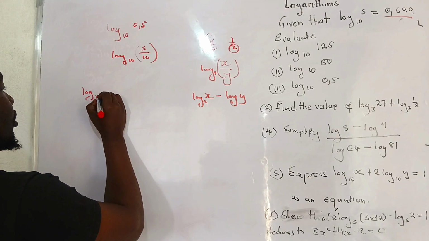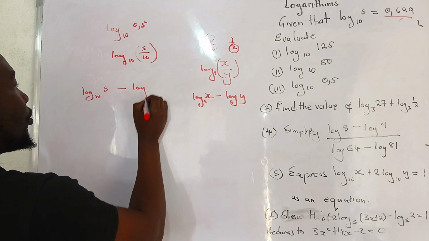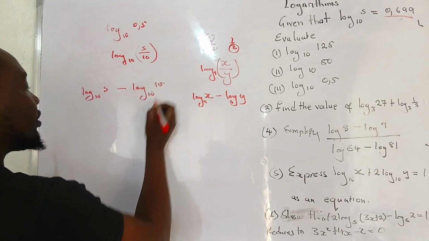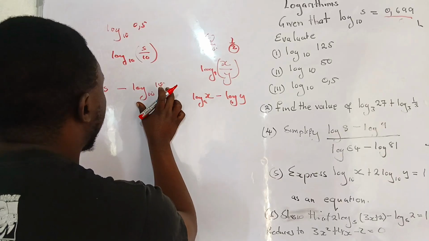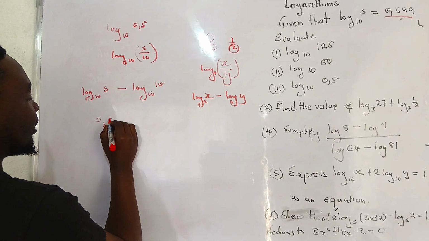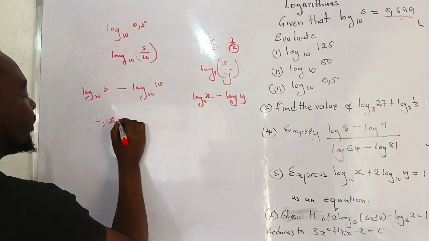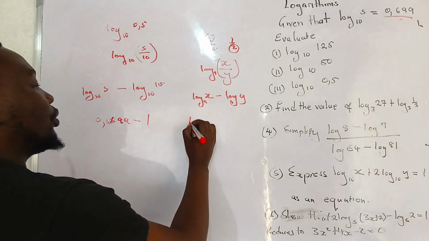Log 5 minus log base 10 of 10. We already know what log 10 is. This is 1. We already know what this is, 0.699, minus 1.